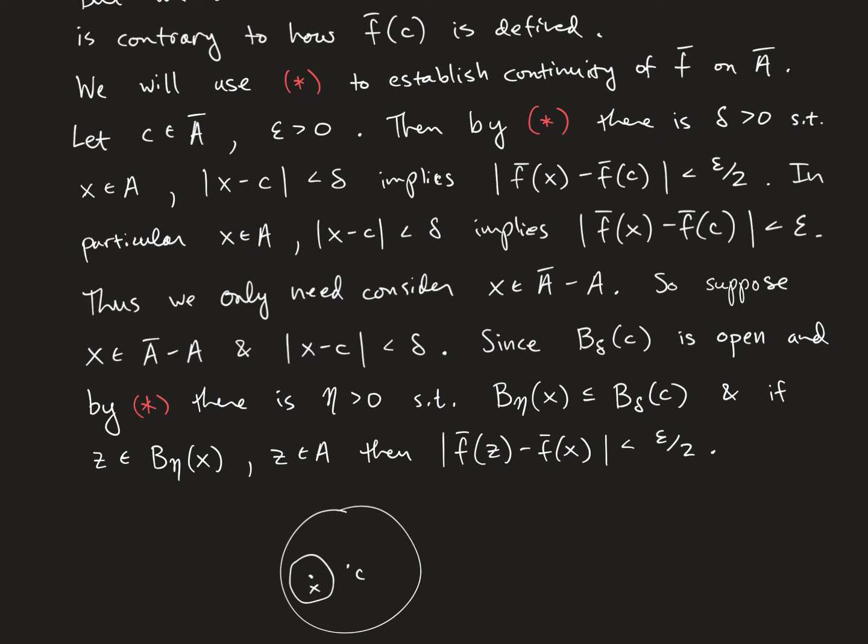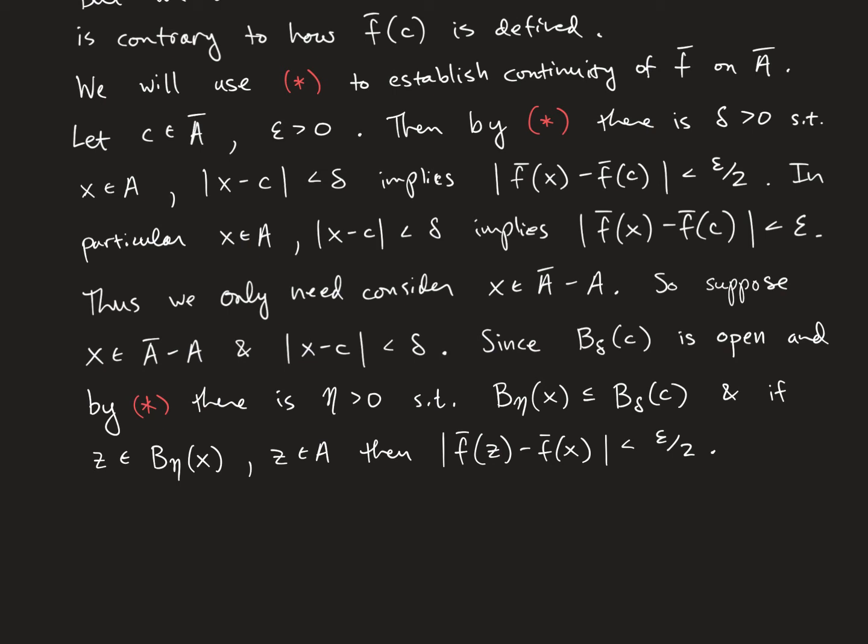And also, by the statement star, for this given epsilon over 2, I can find an eta 2 ball around x, such that whenever you have something in A and in that eta 2 ball, then the separation between the images of z and x under f bar is less than epsilon over 2. Okay, so I might have a different ball of radius eta 2, but then I can just take eta to be the smaller of those two. So we get possibly different radii balls for each of these, but then you can just take the smallest one and they'll satisfy both conditions.